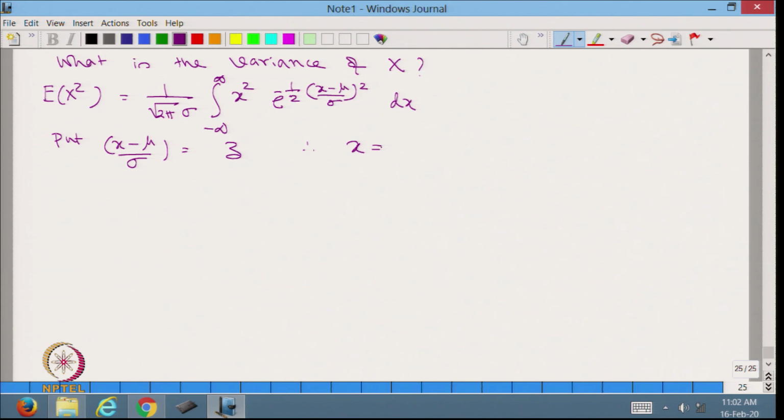Therefore, x is equal to mu plus sigma z, and as before, dx is equal to sigma dz.